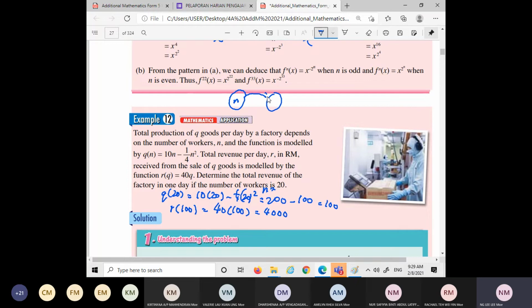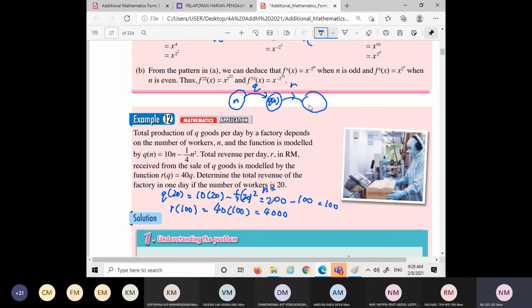First the input is N, the number of workers. So they go to Q first, the total production of goods. So go through the function Q, the image is you will get Q(n). After that you get the Q(n), put it inside the function of R, the total revenue.